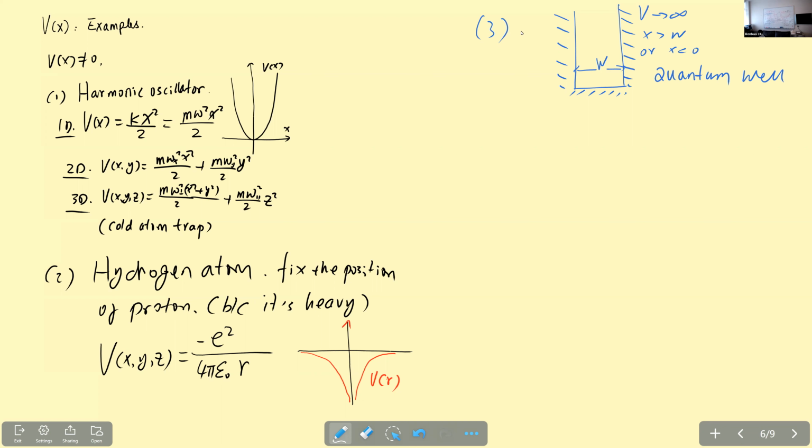So V goes to infinity in those regions, and inside the well V just equals 0. This is another case that we're going to study, called an infinite quantum well. But you can also consider a so-called finite quantum well. This is still with width W, and V equals 0 inside, and outside V equals V0. That's another case. You can also have something like this one.